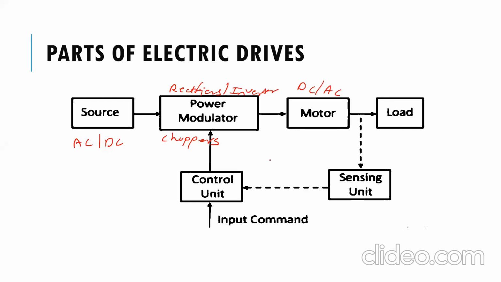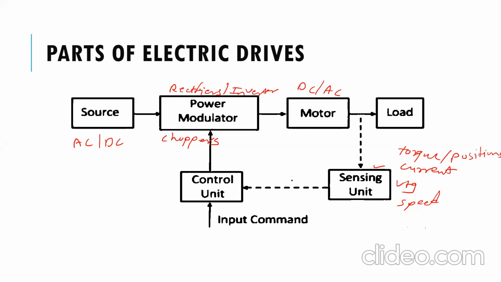If you want the feedback control or closed loop control, then we have to use sensing units, various sensors like current sensors, voltage sensors, or speed sensors, or maybe in some cases torque or position sensors also can be used.